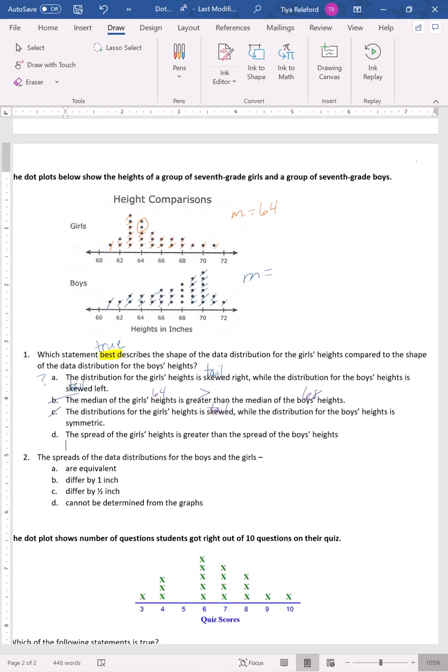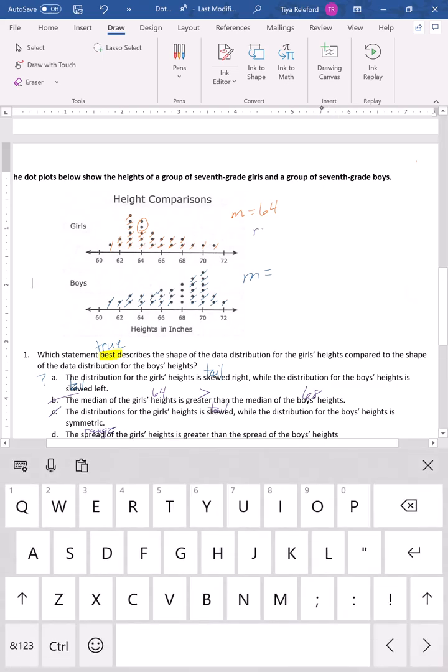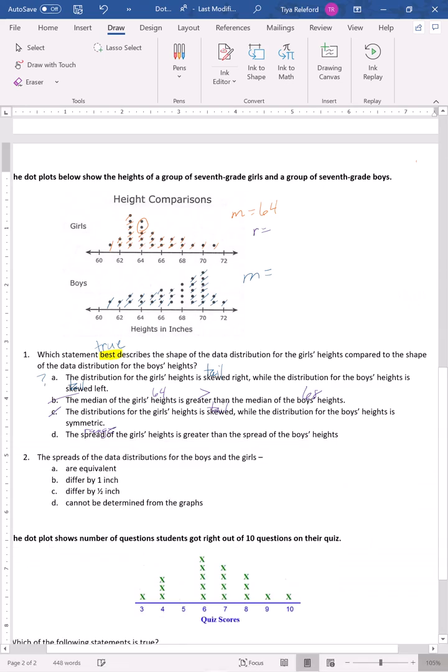Now D says the spread of the girls' heights is greater than the spread of the boys' heights. Remember, spread means range. So for the girls' range, I'm going to subtract 71 because that's the greatest dot, and the lowest dot is 61. So range for the girls is 10.